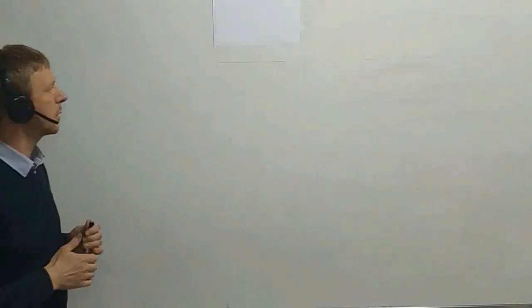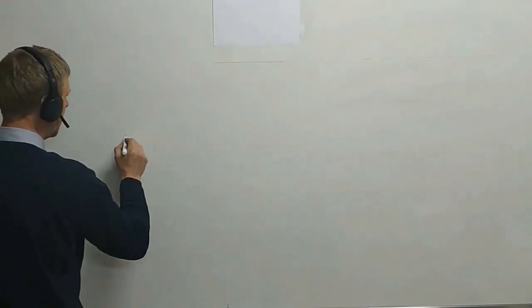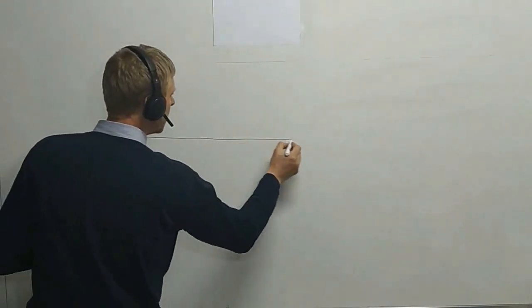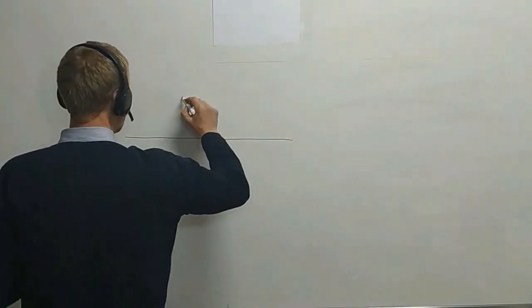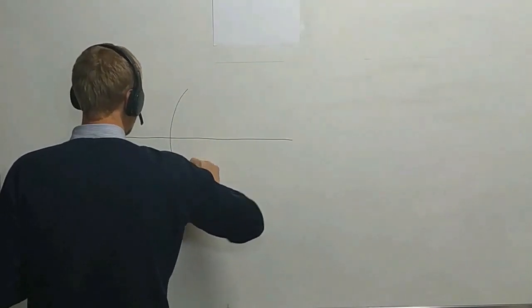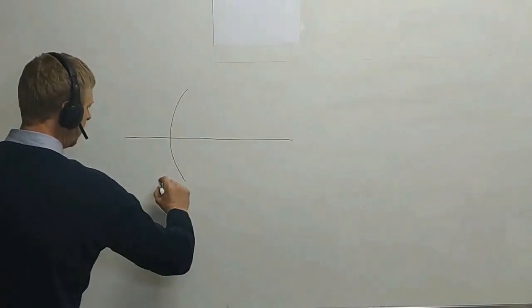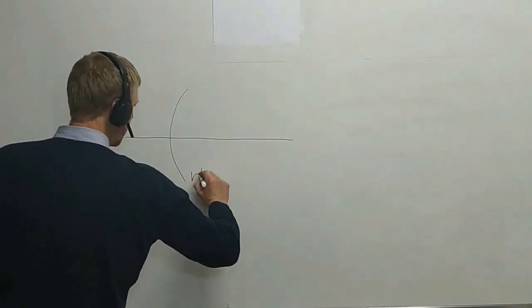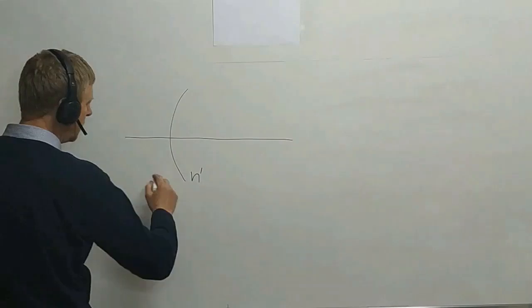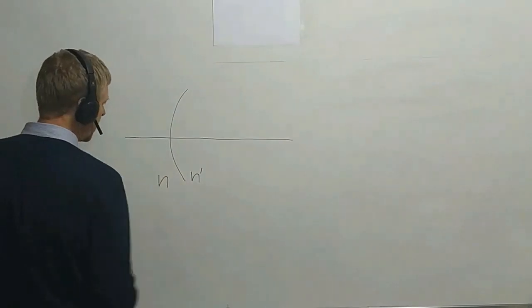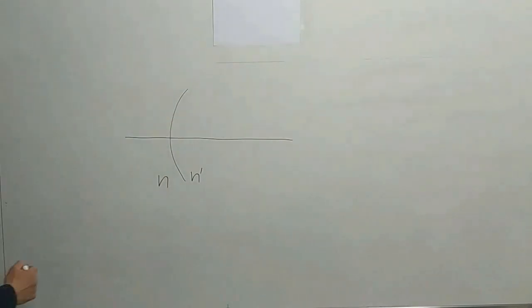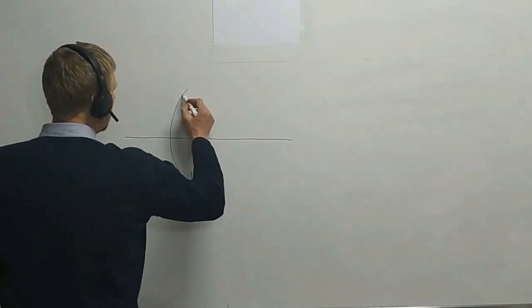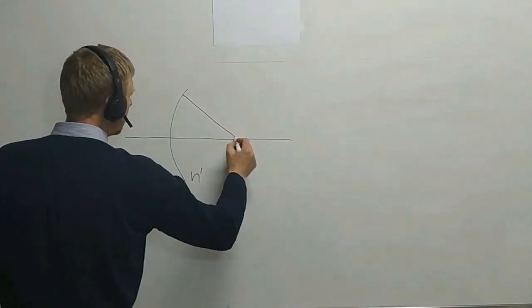So now we will define the matrix which is corresponding to refraction on a single spherical surface. So let me draw a picture. So here is the spherical surface with refractive index n prime inside of this medium and the refractive index n outside of that medium. And here I have the perpendicular to the surface.